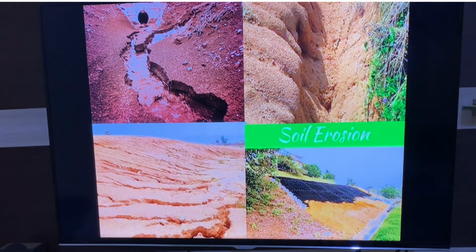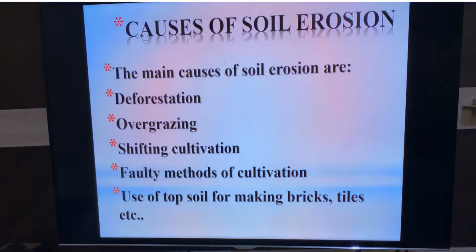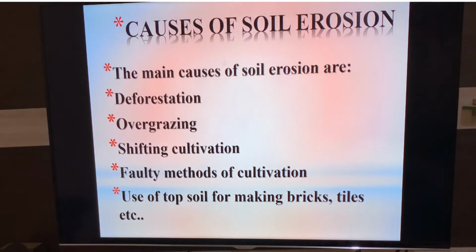I told you different agents. See this picture, how the top layer of soil is being washed away by the river water, by the wind. Causes for soil erosion. What are the reasons for the soil erosion? First one, deforestation, that is cutting of forest.